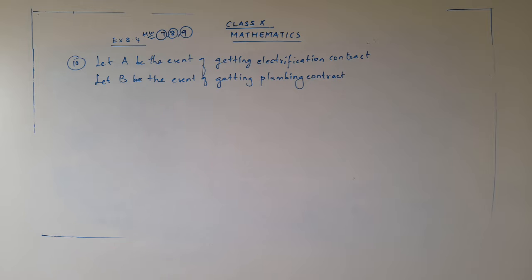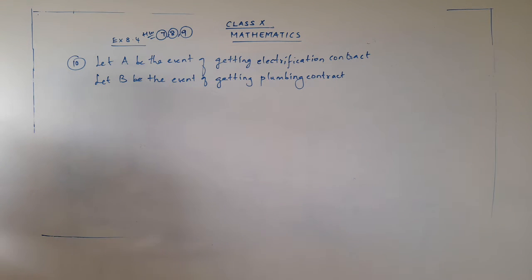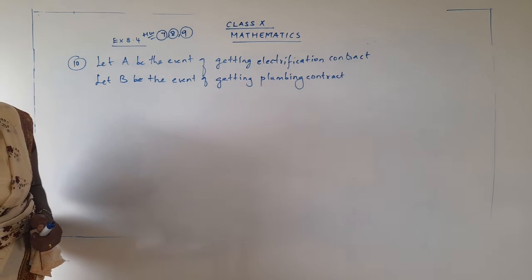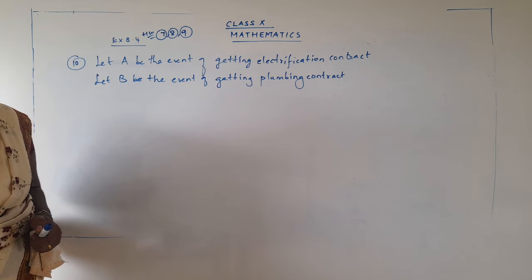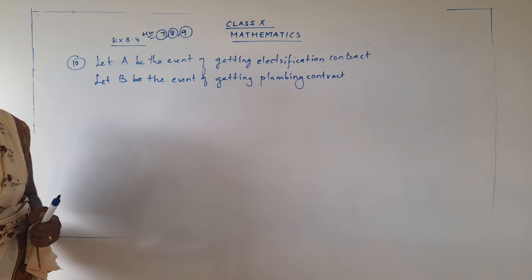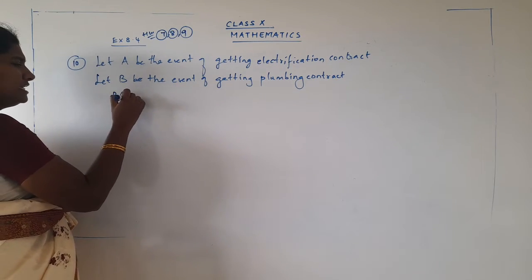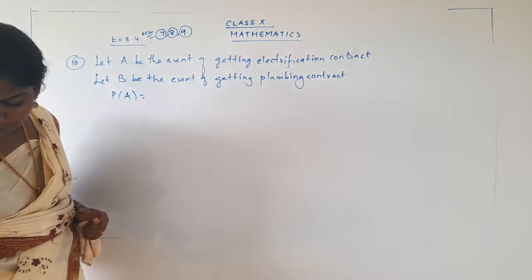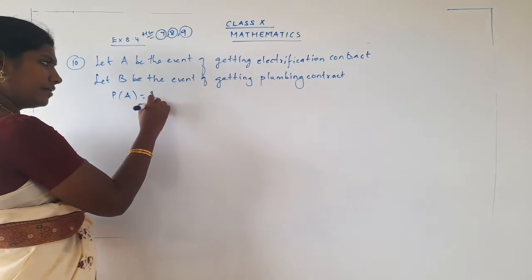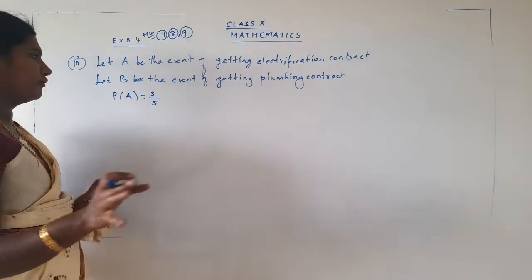Okay, now let's read the question and find out what is given to us. The probability that a person will get an electrification contract, he will get a contract, so P of A is equal to 3 upon 5.